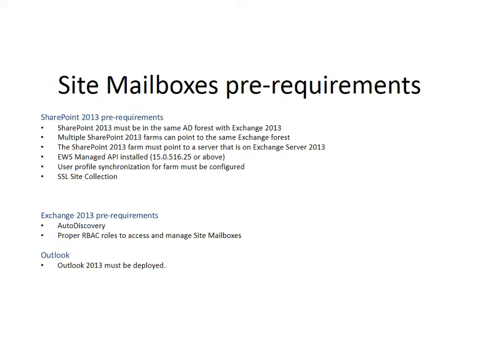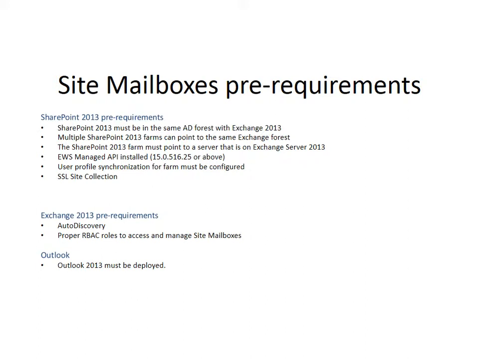If we list them, first we need our SharePoint 2013 to be in the same Active Directory forest with Exchange 2013. The SharePoint 2013 farm must point to a server that's on Exchange Server 2013. If we have multiple SharePoint 2013 farms, they can point to the same Exchange forest, but most important, to enable the app for site mailboxes on SharePoint, we need to install the EWS Managed API.